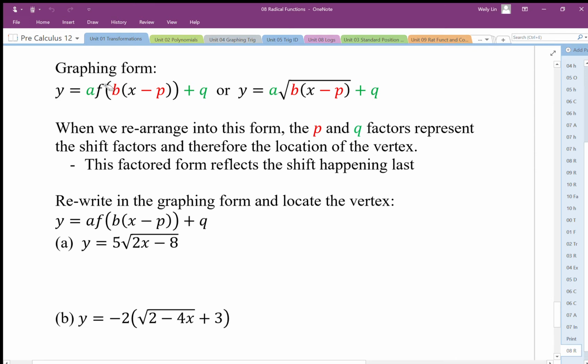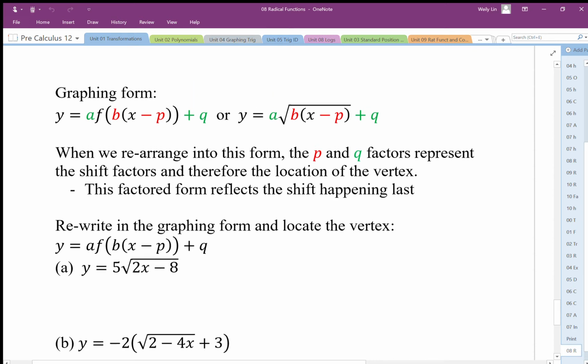So if I put it into the graphing form, I factor out the b, this is why it's called the factored form. What will end up happening naturally is when I undo this, I'm going to undo the expansion compression first. So I'm going to expand and compress first and then shift last. And that gives me the indication of where the vertex is going to be.